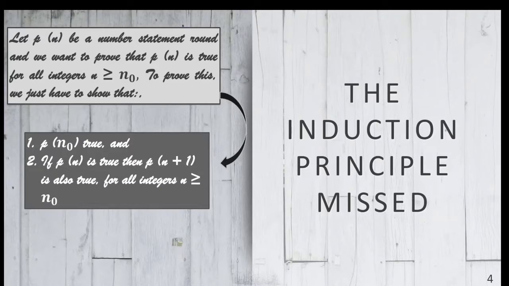This assumption is called the induction hypothesis. When we have shown those two steps, then we have proven it. Pn is true for all positive integers n. Mathematical induction acts like a domino effect.